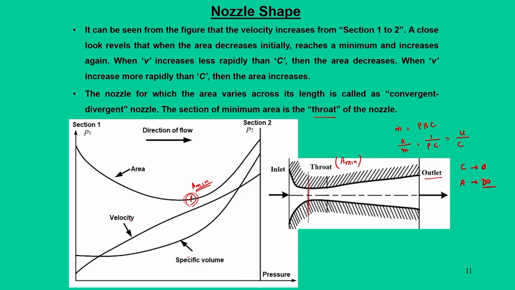So, this word infinity here is the reason that in most cases we assume the initial velocity at the nozzle inlet is 0, by assuming that we start with a very large area that suddenly drops to a minimum value. This sudden drop in the area gives us C1 going to 0, and with this concept the shape of the nozzle is designed.